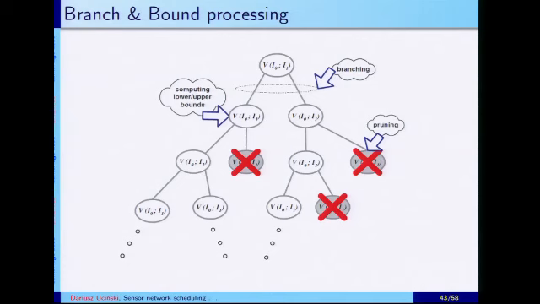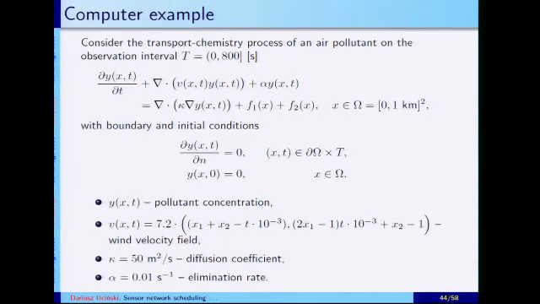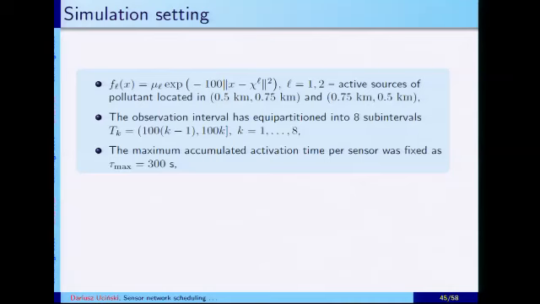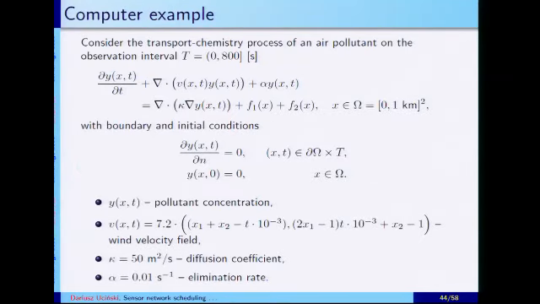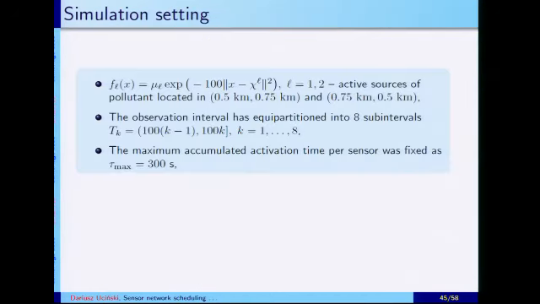So it is possible. So here is the result regarding some transport chemistry process. In the description we have two sources of pollution, and the question is how to find the positions and how to find their intensities. So this is a model, a Gaussian-like shape for the action of each source.